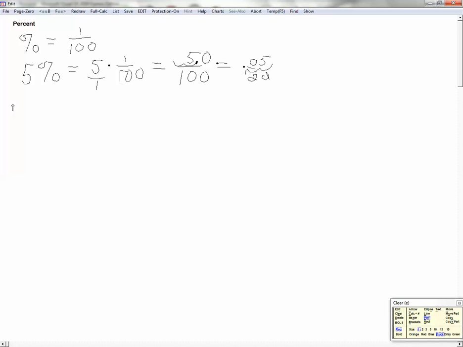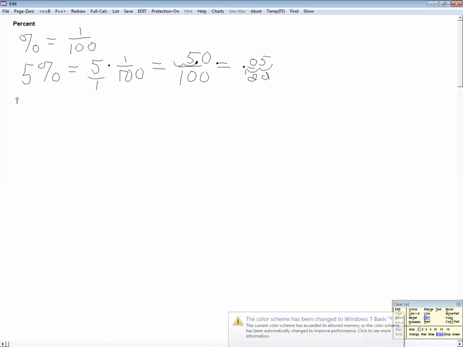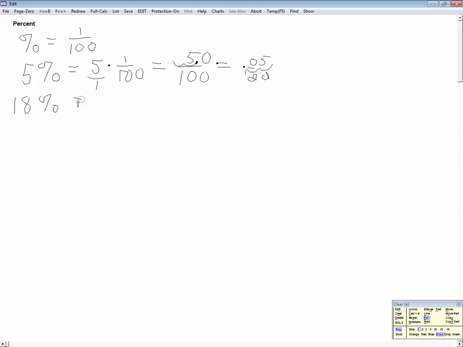And similarly, if you're shown, let's say any number, let's say 18%, and you want to convert that to a decimal, well, the easiest thing to do is convert it to a decimal. So you say this is 18 over 100. I'm going to skip this middle step here. It's pretty clear what's going on.